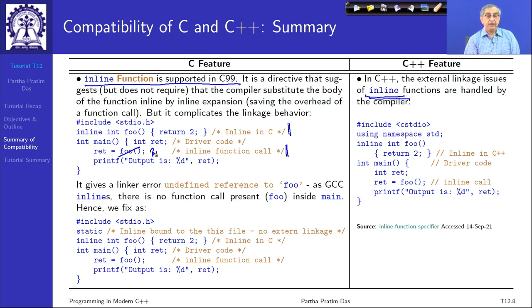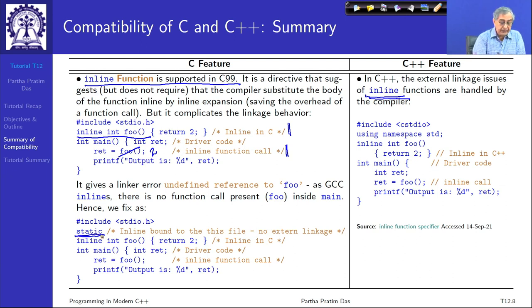But please remember that in C you may get into a variety of linkage errors because of inlining. Just one case I am mentioning. Let us say that instead of just calling foo a function here, we say it is a static function. You would recall that static in front of a global function means that this name is available only within the file in which the function occurs.